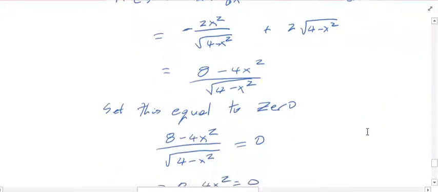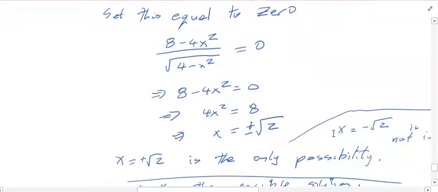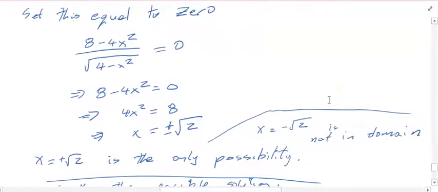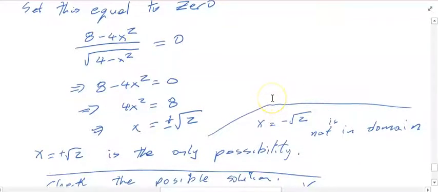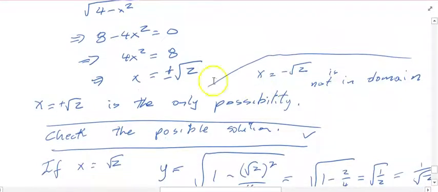Keep on simplifying that, and it becomes 8 minus 4x squared over radical 4 minus x squared. Setting that equal to 0 and solving for x, we have x equal to plus or minus radical 2. x cannot be negative radical 2 because that is not in our domain. So x equal to positive radical 2 is the possible solution there.